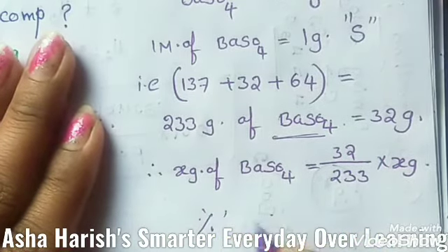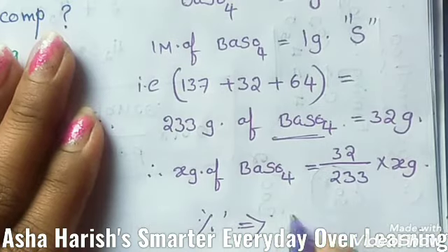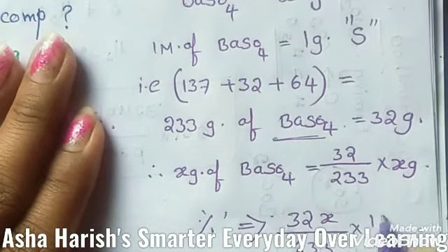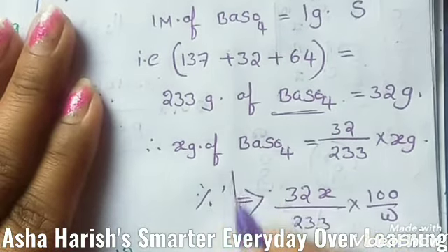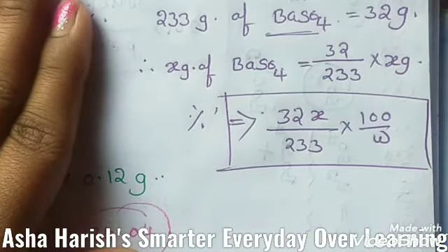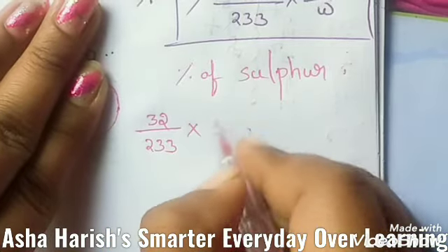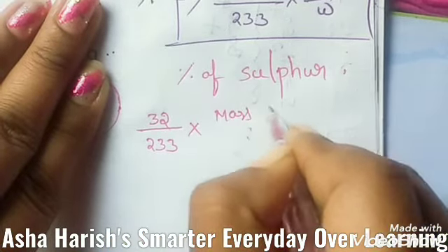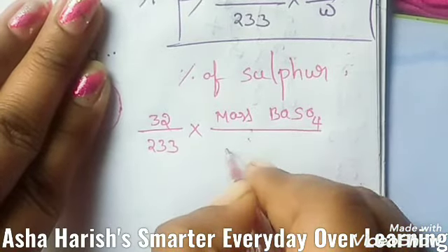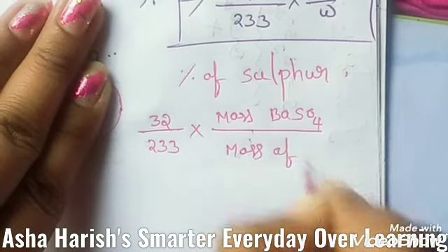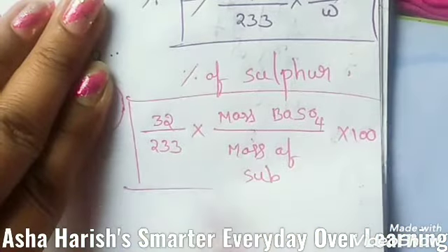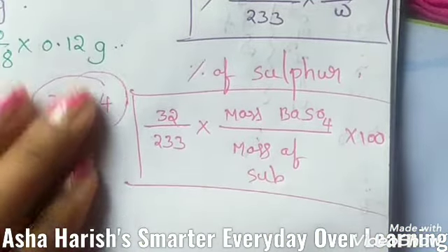Now students, the percentage of sulfur present in the compound is 32X by 233 into 100 by W. That is, the percentage of sulfur is 32 by 233 into the mass of barium sulfate formed, divided by the mass of substance taken, into 100. By using this, you need to find the percentage of sulfur.